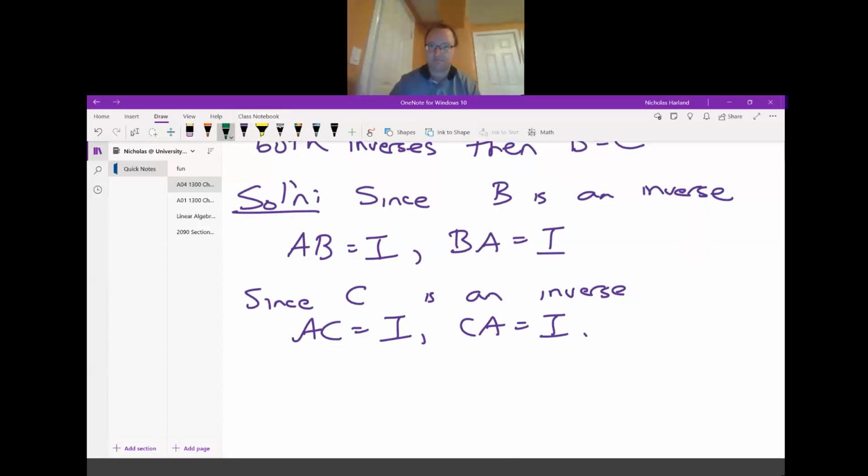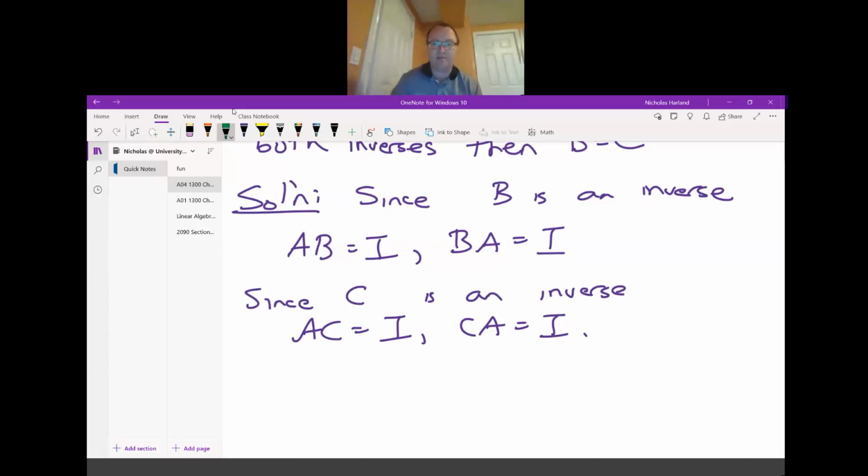All right, so let's do it. Can anyone see a way of taking these equations to show that B and C have to be the same? You want to start with AB equals AC?